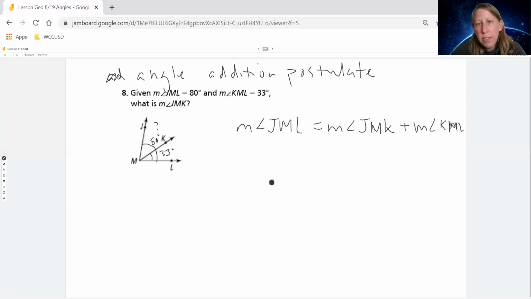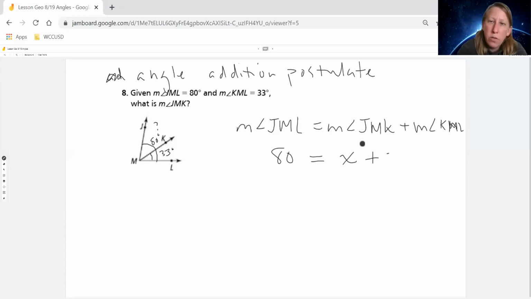And then from this, if we want to translate this into algebra, we would say, okay, we know that the measure of angle JML is 80 by some substitution. And we don't know what the measure of angle JMK is. You have a choice. You could change this to an X, or you could rewrite this. And do we know the measure of angle KML?